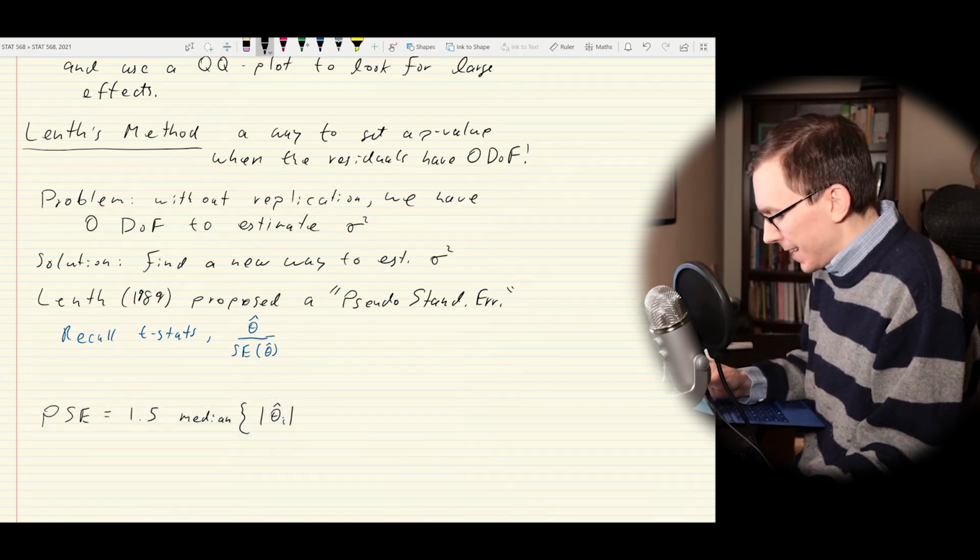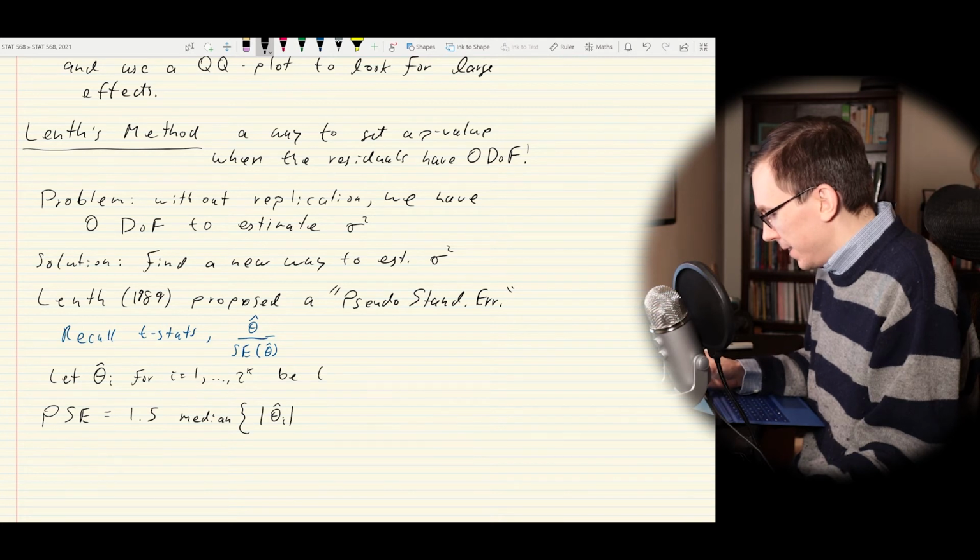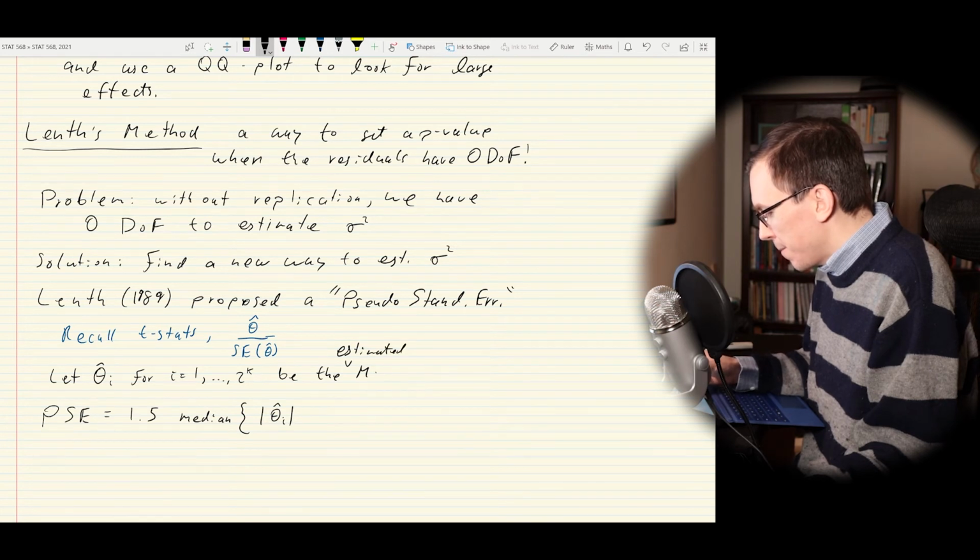So first we're going to say let theta hat i, for i in 1 to 2 to the k, be the estimated main and interaction effects.